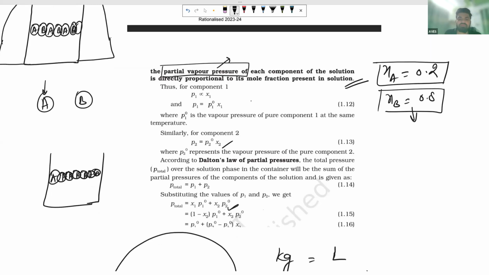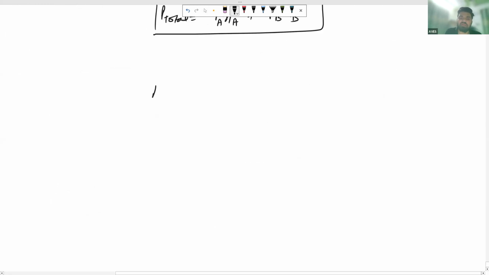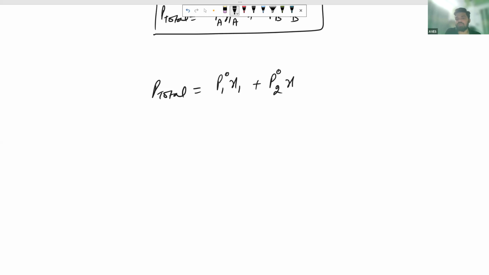Now, if I'm going to explain in terms of A and B, I write P total is equal to, I'm writing 1 because you have written 1, so P naught 1 into X1, and then plus P naught 2 into X2, the mole fraction of 2. What is this?